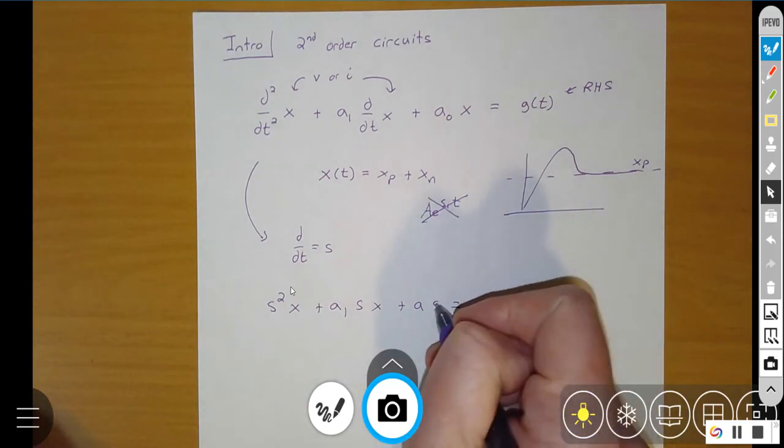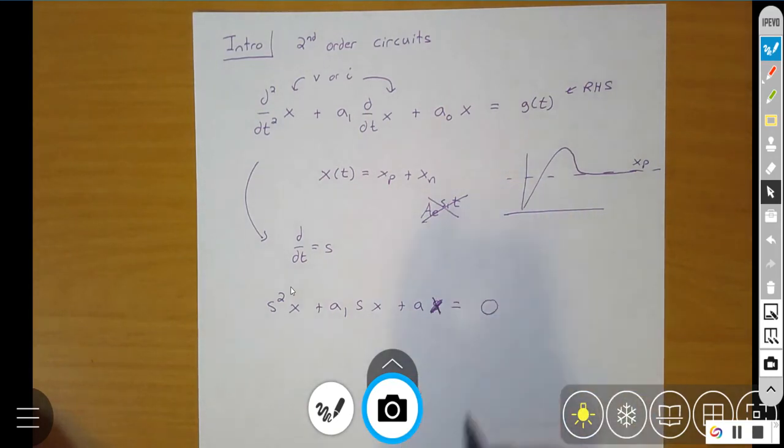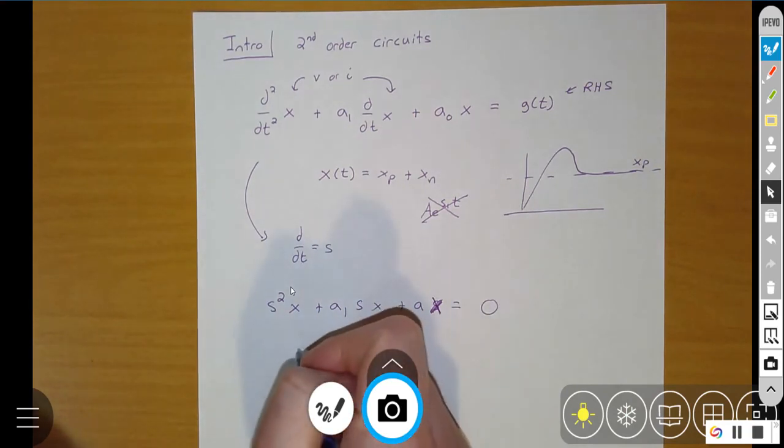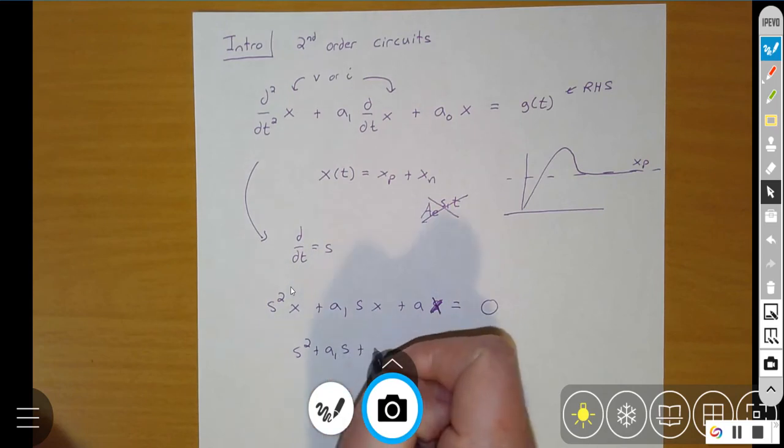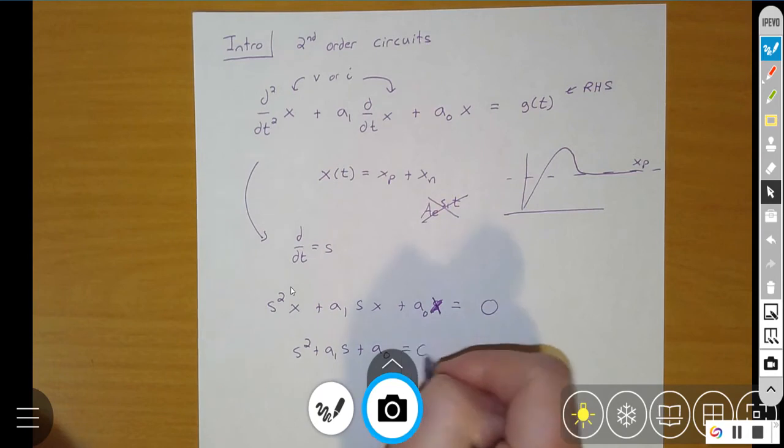Oops, this should be an x, not an s. Sorry about that. Your x's go away, and this simplifies down to s squared plus a1 s plus a naught equal to 0.